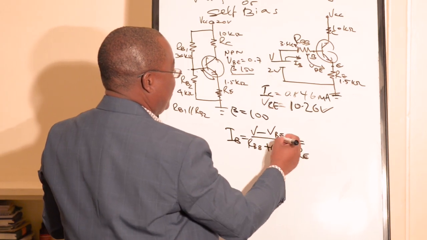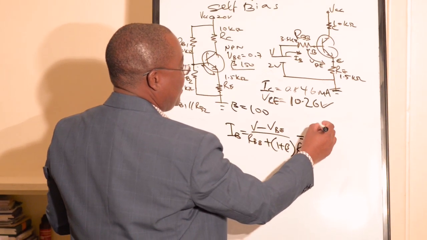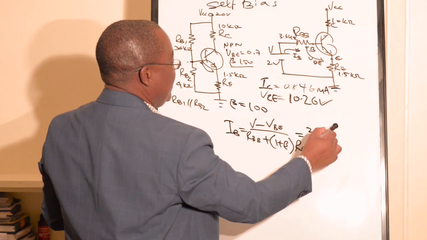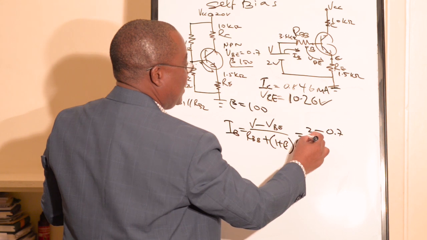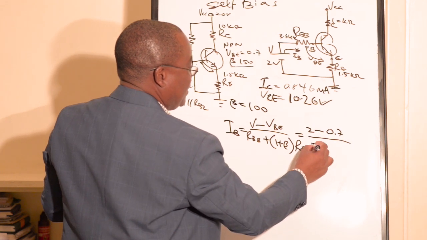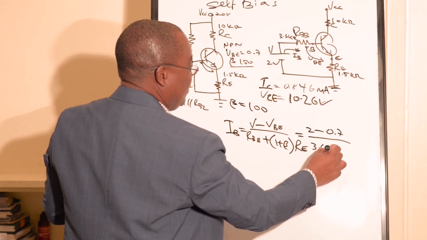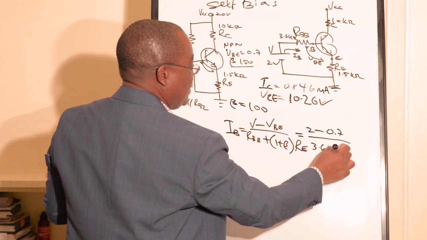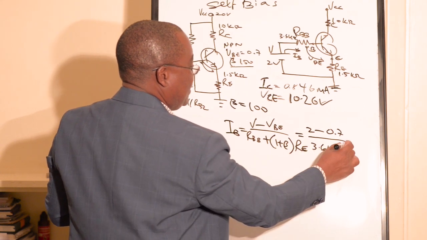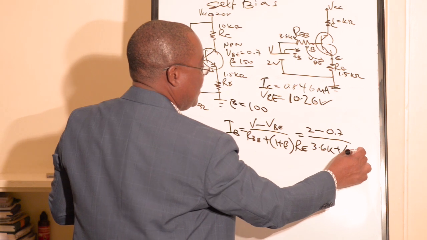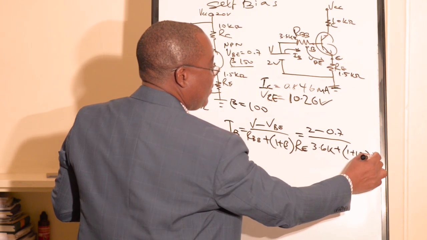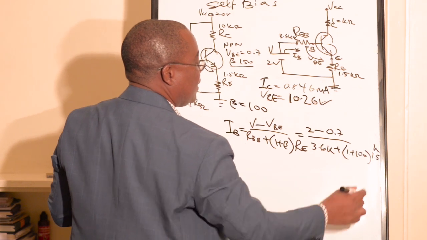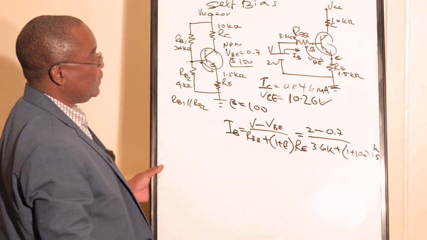So we have here 2 minus VBE because it is a silicon NPN transistor. So our VBE is 0.7 volts over our RBB is 3.6 kilo ohm plus 1 plus 100, our RE is 1.5 K, kilo ohms.